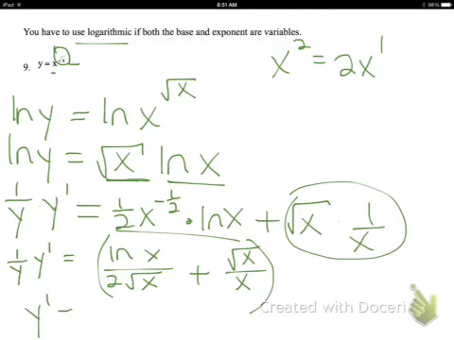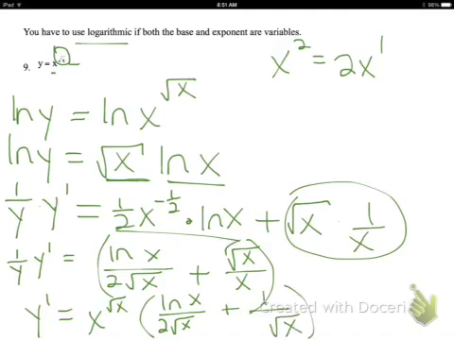So y prime would equal y, which is x root x to start, times natural log of x over 2 root x plus 1 over root x. If I do x to the 1/2 over x, then I would get x to the negative 1/2, which is 1 over root x. Okay, so you have to use this if you have x in your power to a function. You have to use logarithmic differentiation.